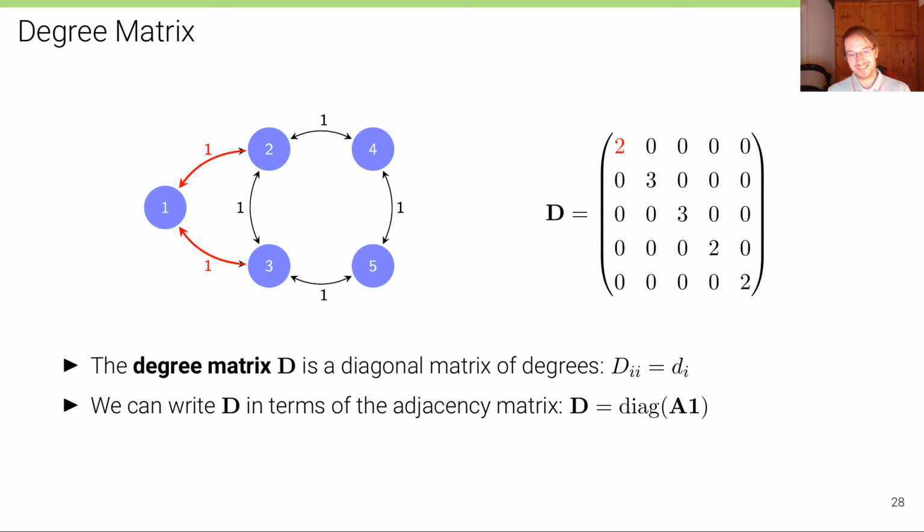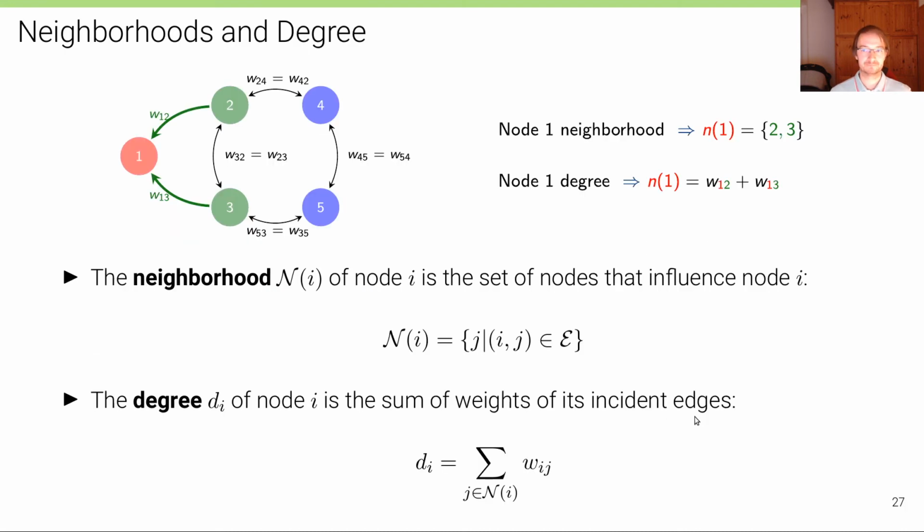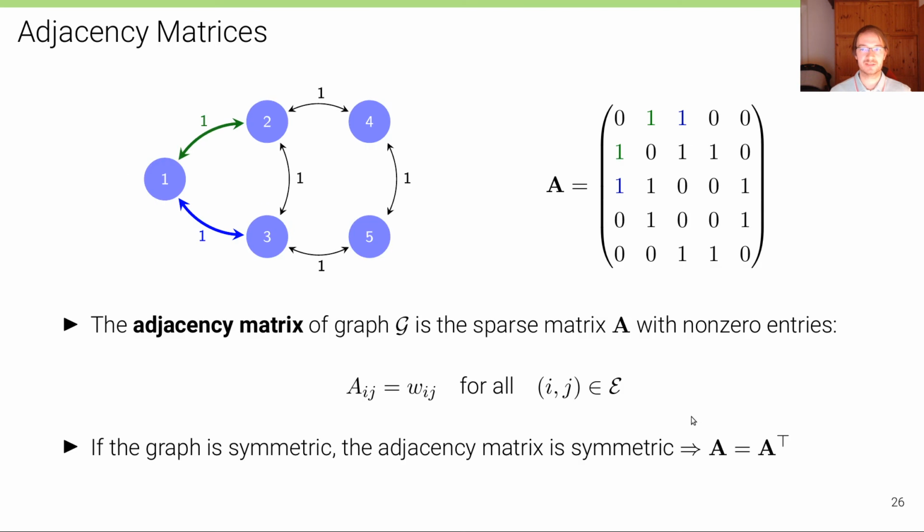We can also write D in terms of the adjacency matrix. And this is very simple. We can write this as D equals the diagonal matrix of the vector A times the 1 vector. If we look back at the adjacency matrix of this same graph, and multiply it with a 1 vector, then in the first element we get a sum of these two elements, which is 2.